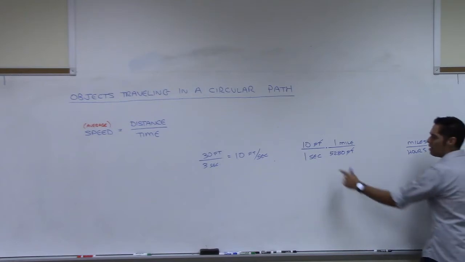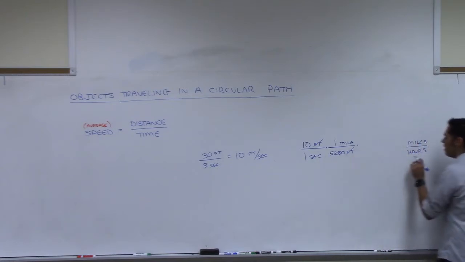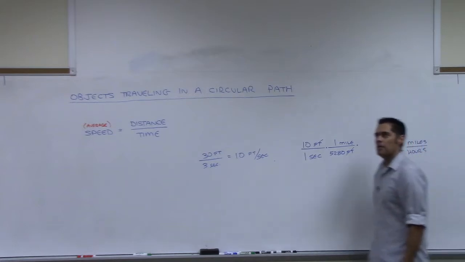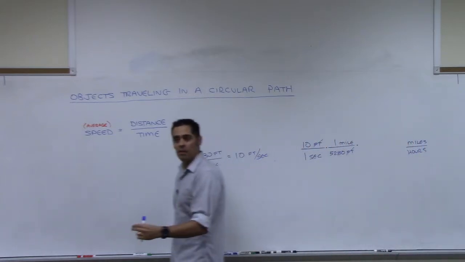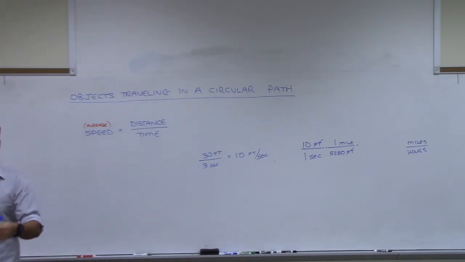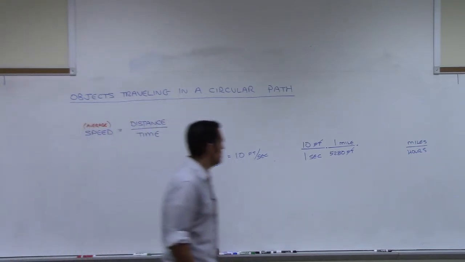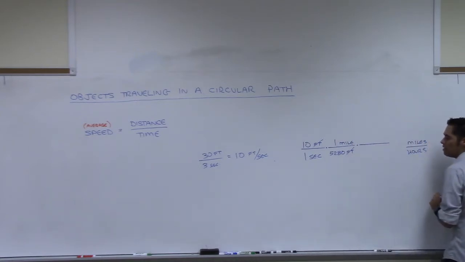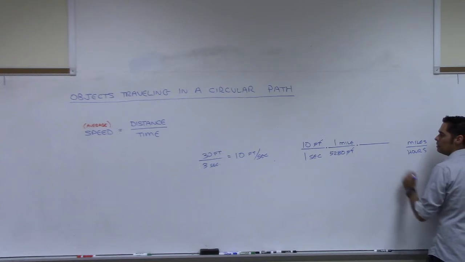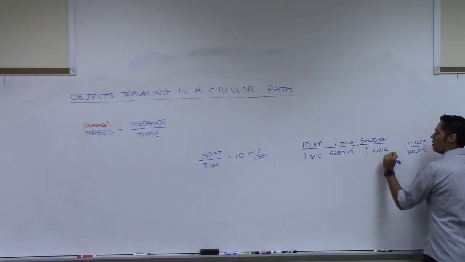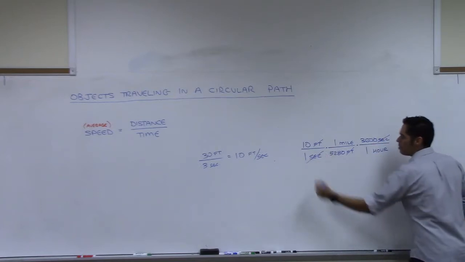Now, I need to take care of seconds. How many seconds are there in an hour? There's 60 seconds in a minute and 60 minutes in an hour. So you'd multiply 60 times 60 and get 3,600. And where do I put the 3,600? On the top or the bottom? Top. 3,600 seconds in 1 hour. And now the seconds cancel. That's why we put it on top.